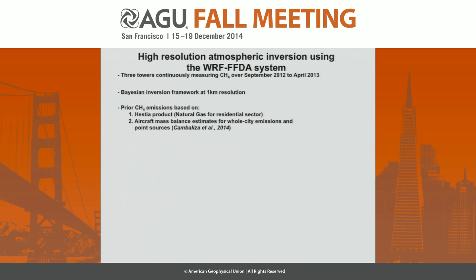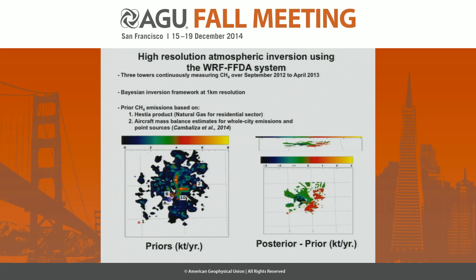So I'm going to just talk for a minute about that before I finish. So we have the Obi-Cambaliza aircraft mass balance numbers to constrain the total, and then taking out the main landfill and also a wastewater treatment plant. The rest is distributed around the natural gas distribution sector for the prior.